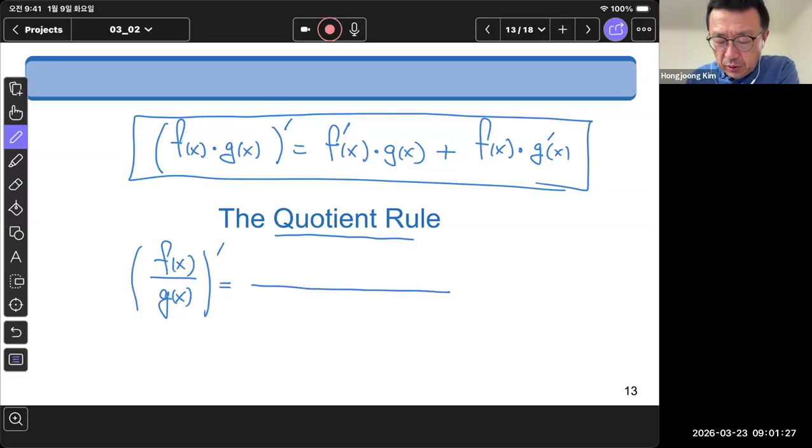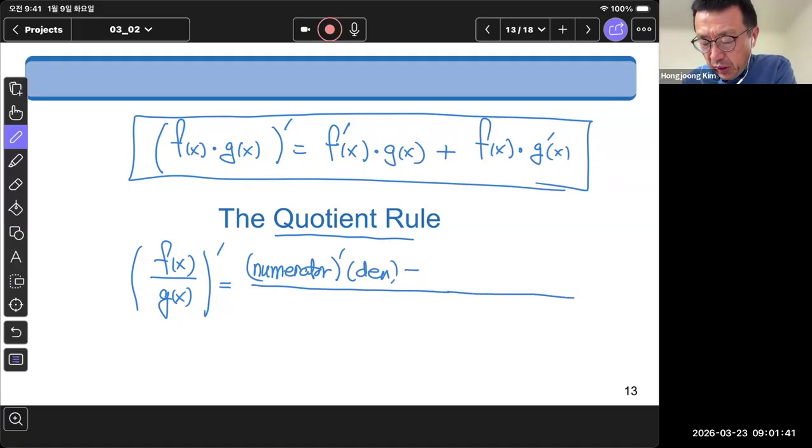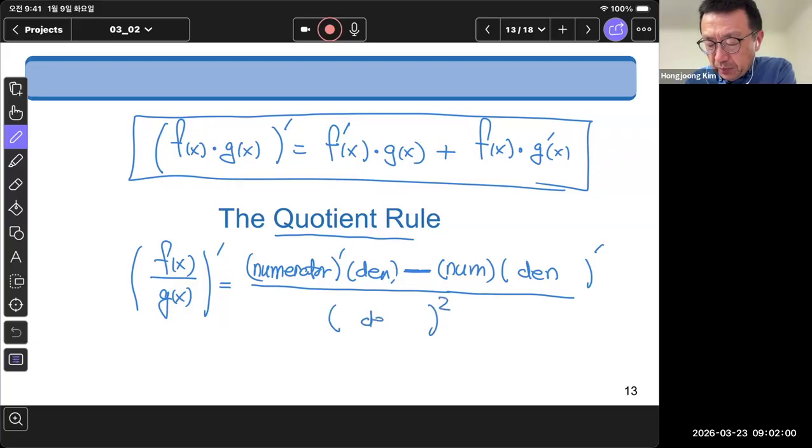Okay, so the derivative of the numerator multiplied by the denominator minus, okay, we have a minus sign here, and then you multiply the numerator times the derivative of the denominator. And this whole thing is divided by the square of the denominator.